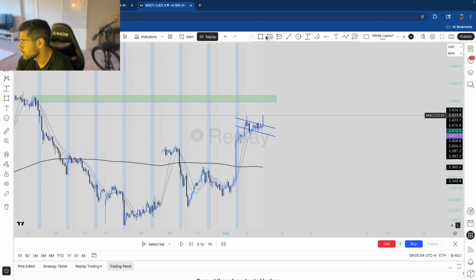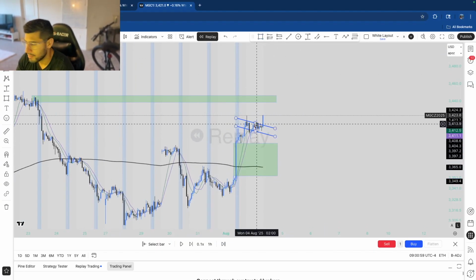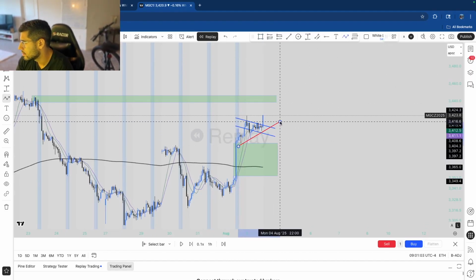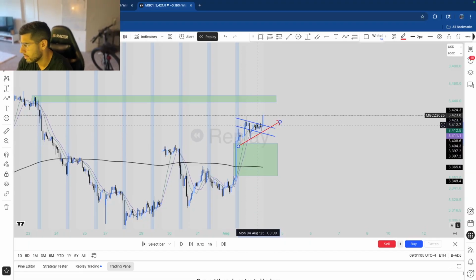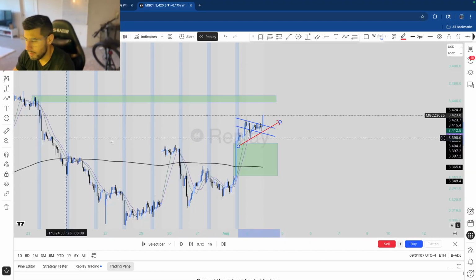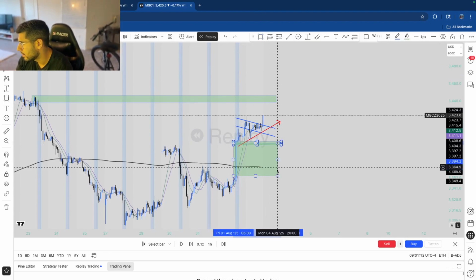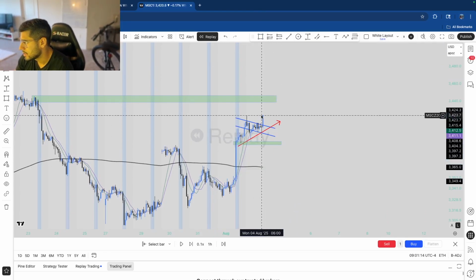Okay, and then we also had this huge gap, which you would have thought maybe price is going to trace into, but I just saw price holding this trend line right here very strongly, and then we broke out of that wedge. But I still drew this liquidity level down here for price to potentially come down.